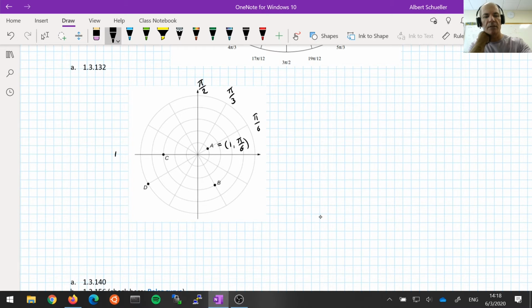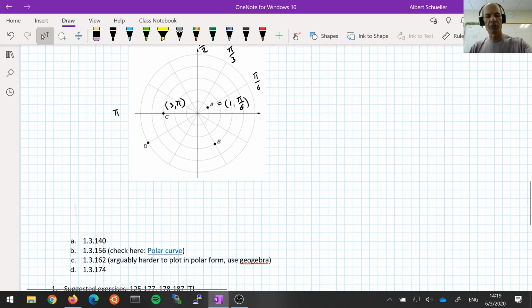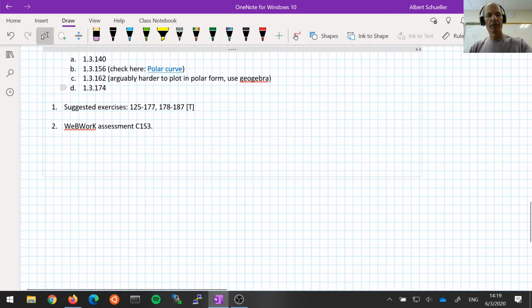C is out here at pi, so C is going to be (3, pi), like that, and so on. You can work your way around and identify the angles and then just count concentric circles to tell you what the radius should be. All right, let's carry on.